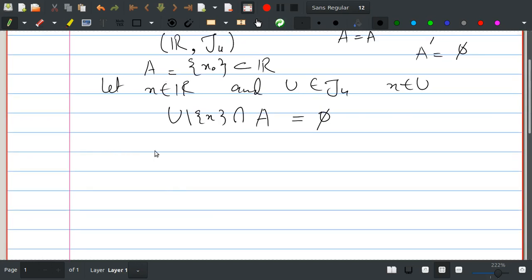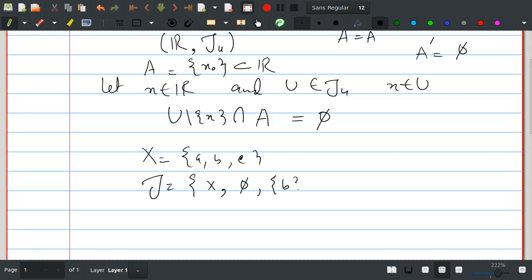However, if we look at a set of 3 points, say X = {a, b, c}, and let us consider a topology T on X containing the open sets X, the empty set phi, the singleton {b}, and say {a, b} and {b, c}.